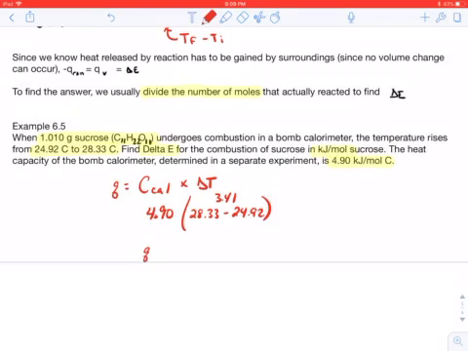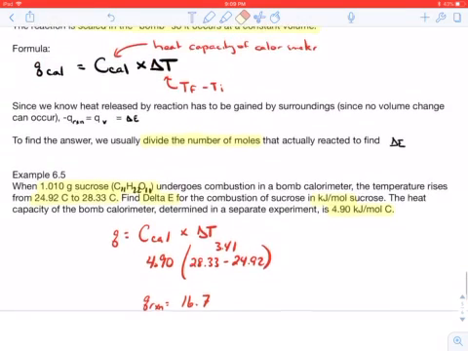So now if we multiply these two together, this gives us Q of our reaction, which is 16.7.